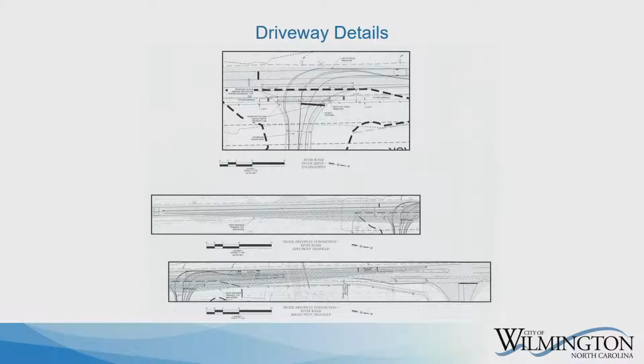So in order to make sure there's going to be safe ingress and egress from the site, to me, it would make more sense to show the movements that are going to be occurring at the site and any impacts to the public roadway of those movements. So I don't know how to address that at this level.